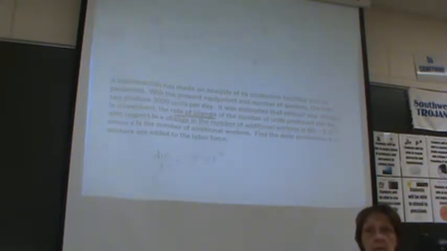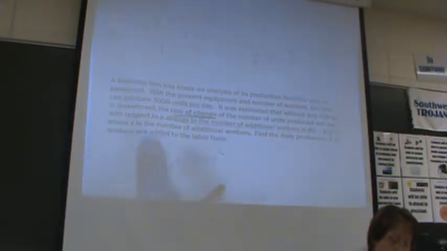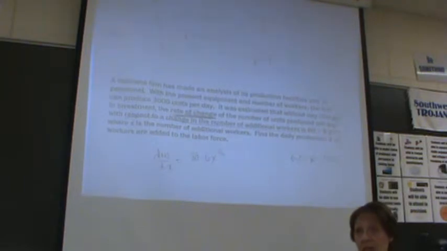And do we need anything else besides that? Yes, no, maybe so? Eventually we're going to need that, because that's the original amount. When x is equal to 0, the number of units is 3,000. So we'll use that to help us figure out our initial condition.